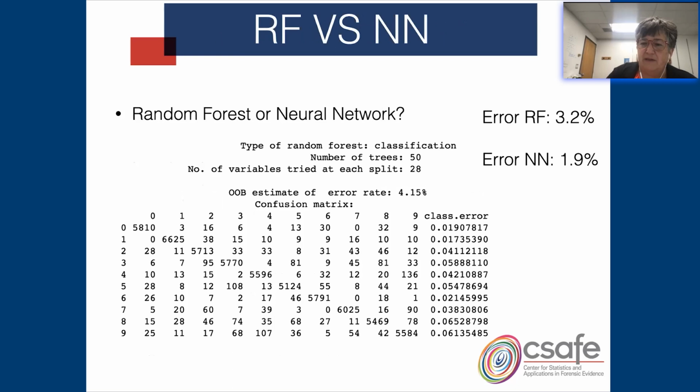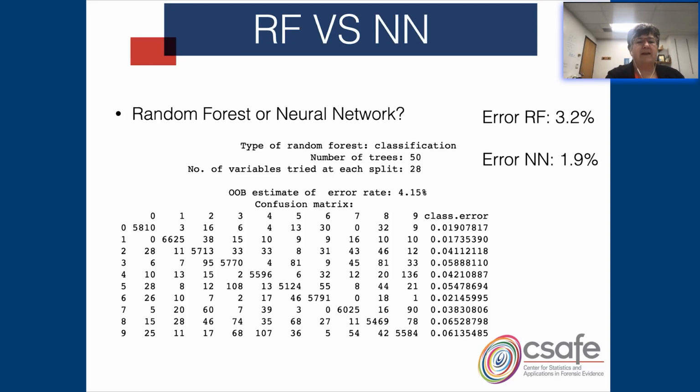We can compare that to the error from the random forest. So we can run a random forest for all 10 digits. With 50 trees, we get an error rate.